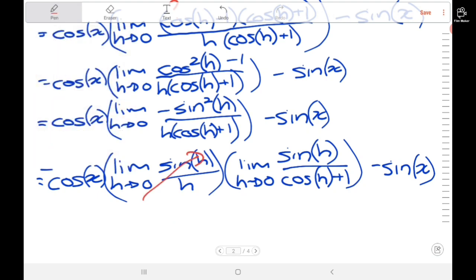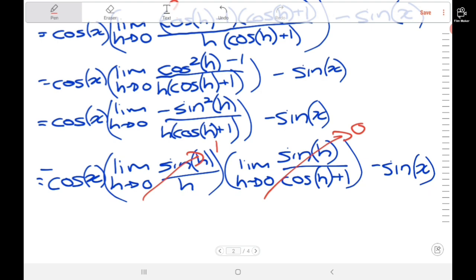So, once again, this goes to 1. We're familiar with that limit. What happens as h goes to 0 with sine h over cos h plus 1? Well, sine of h goes to 0. And cosine goes to 1, so we get 0 over 2. So overall, this goes to 0.